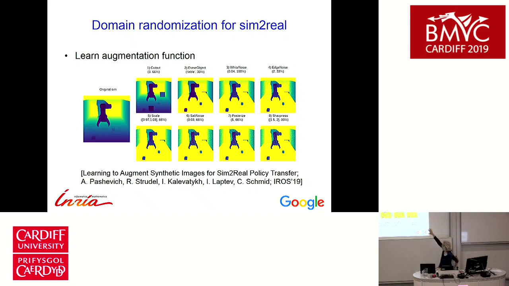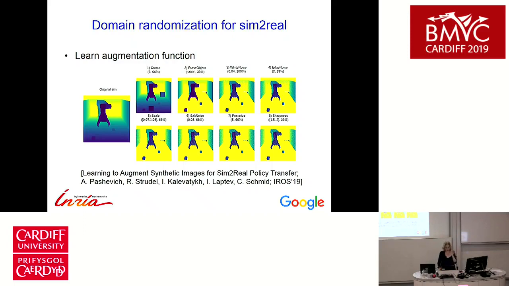And here you can see what type of different transformations we have used for this example for data augmentation. So cut out, erase the object, add white noise, add noise on the edge. It's kind of important to add this noise on the edge, which appears in usual depth images, scale, salt and pepper, and then sharpness. And then we can show that by just using this one proxy task in the real image, we can then go directly from simulation to real. So we just have to train in simulation.